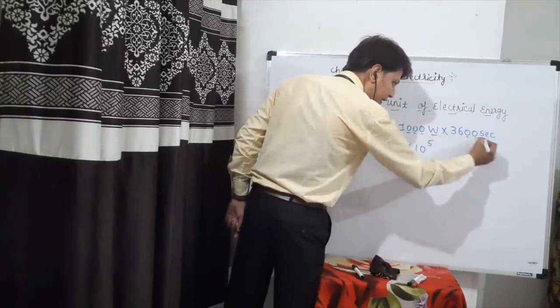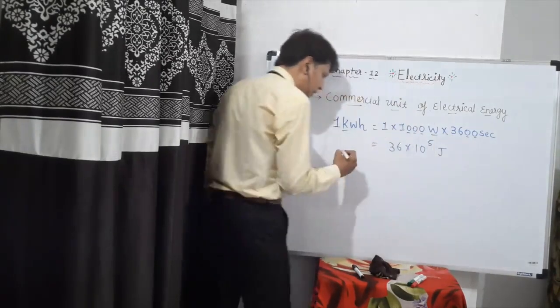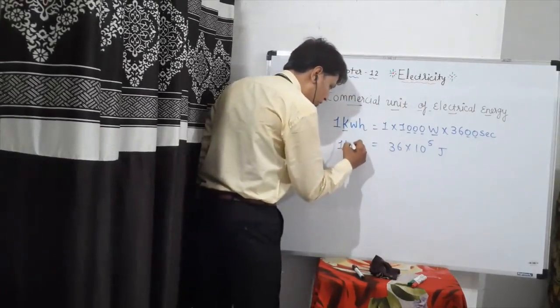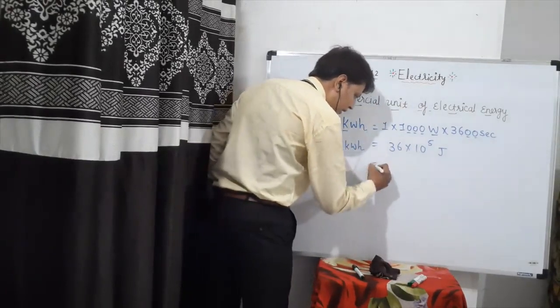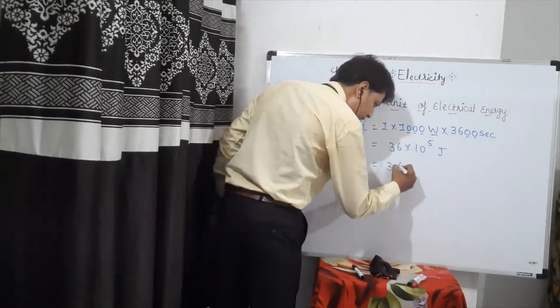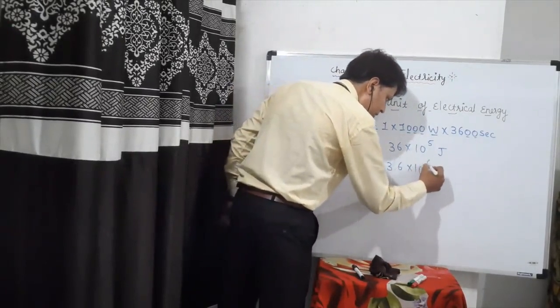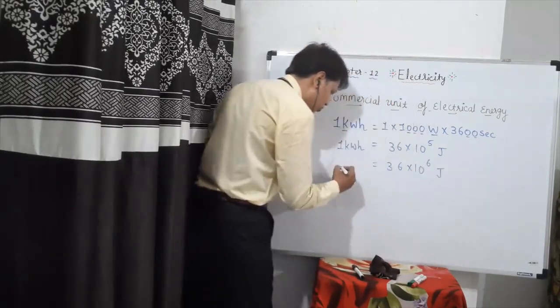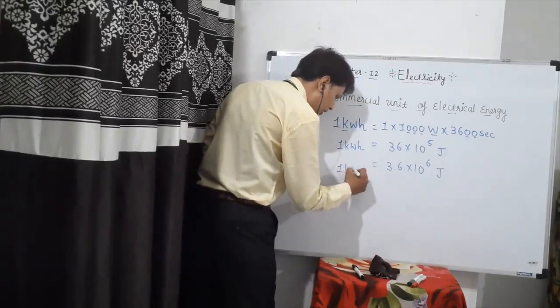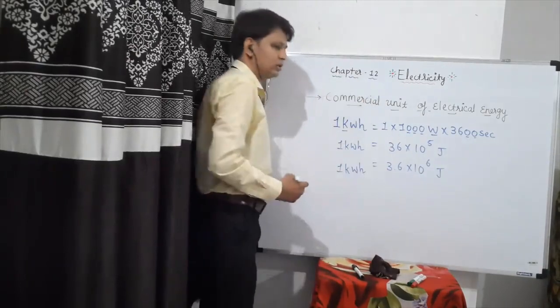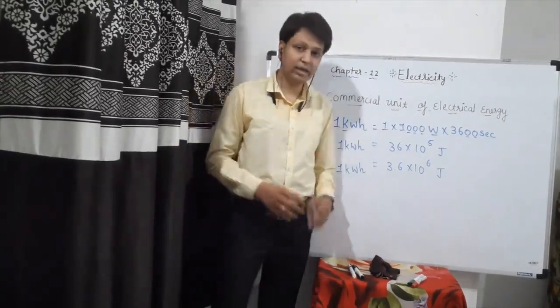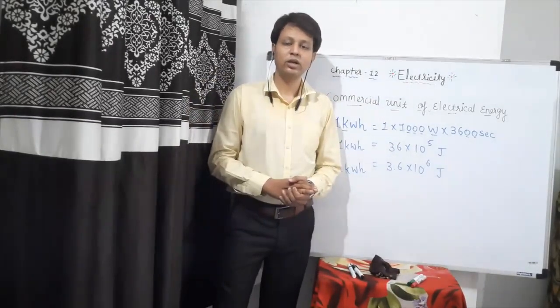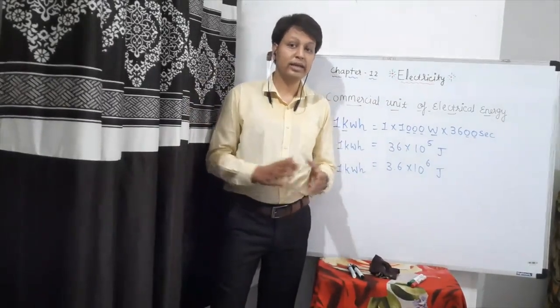Watt into second gives you joule, and that is 1 kilowatt hour. And if you take the decimal point ahead, it is 3.6 into 10 to the power 6 joule, which is equal to 1 kilowatt hour. So this was the electrical unit to measure the electrical energy.